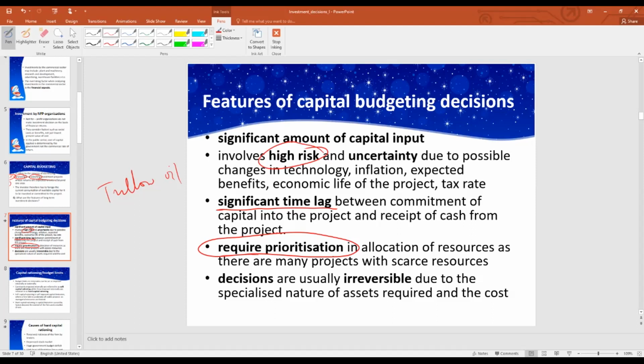So when it comes to analysis of the project, you need to have that connection between the project and your long-term objectives as a company.